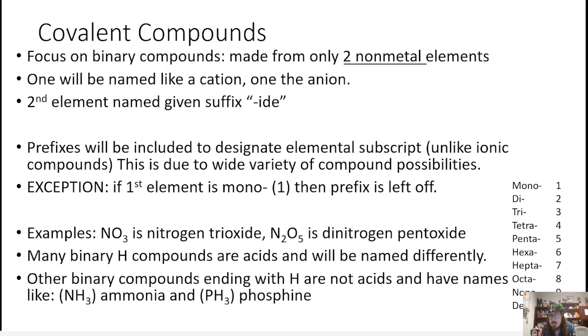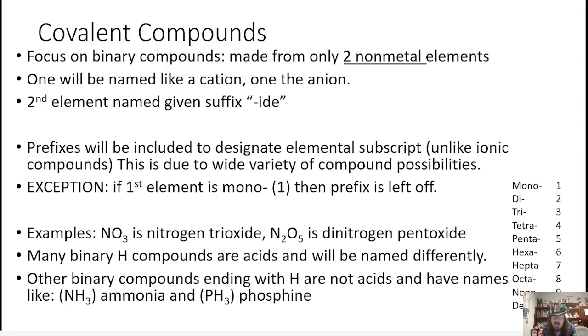Now the next example, dinitrogen pentoxide. Well, it's still nitrogen, but now there's 2 of them. And because it's no longer 1, we have to specify it's 2. Oxygen still becomes oxide, but because there's 5 of them, we call it pentoxide.